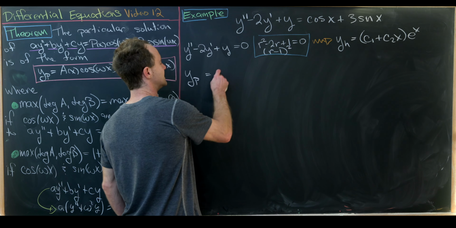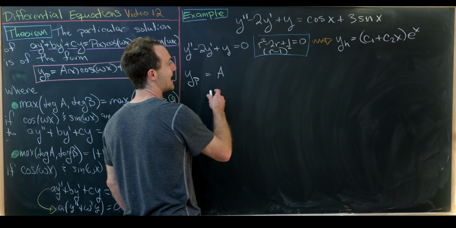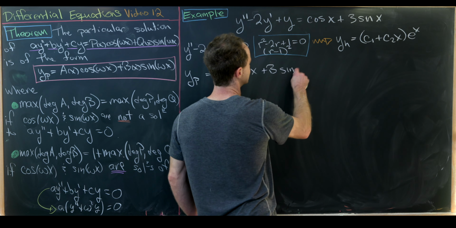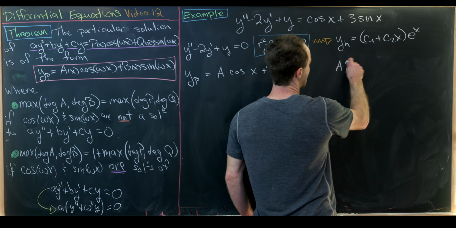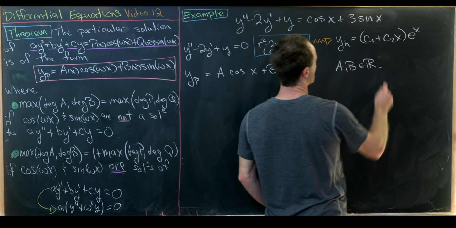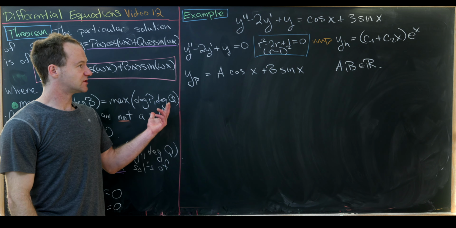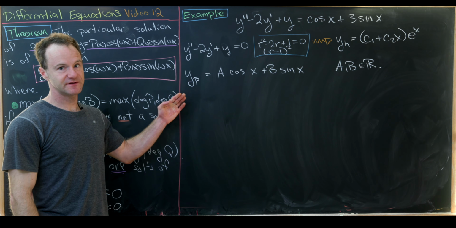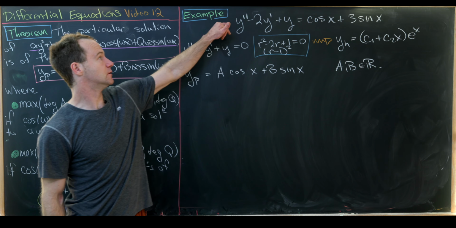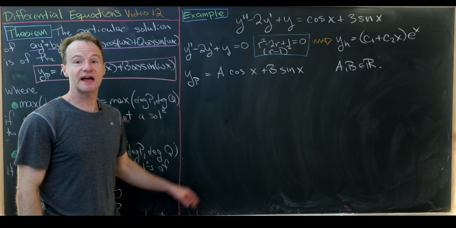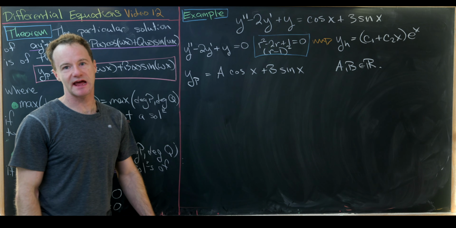So yp should hopefully be of the form a times cosine of x plus b times sine of x, where now a and b are just real numbers. Now what we'll do is take the derivative, the second derivative, and impose the condition of it being a solution to our differential equation, and hopefully get some conditions on a and b.